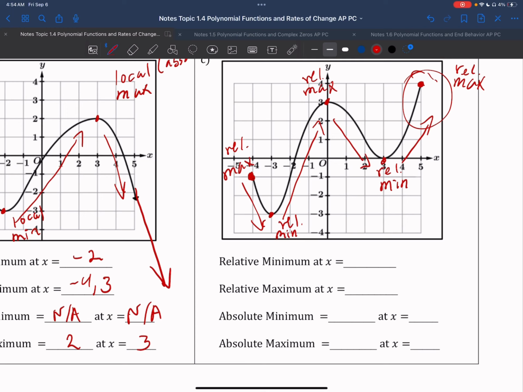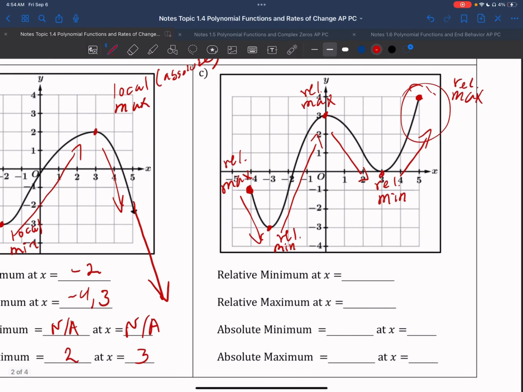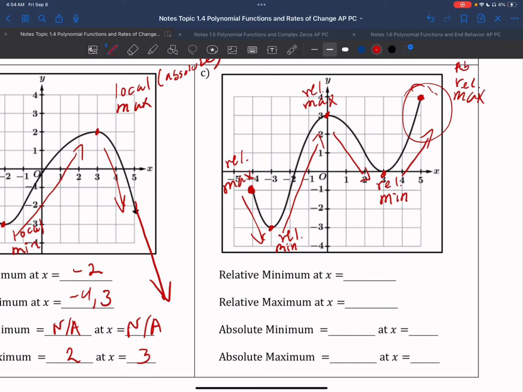So when I look at the highest point in the whole graph, I notice that this is the highest point in the whole graph. So that will make this point on the far right my absolute maximum as well. And then I notice that this point right here is the lowest one in the whole graph. So this will be my absolute minimum. So I do have all of them on this example.